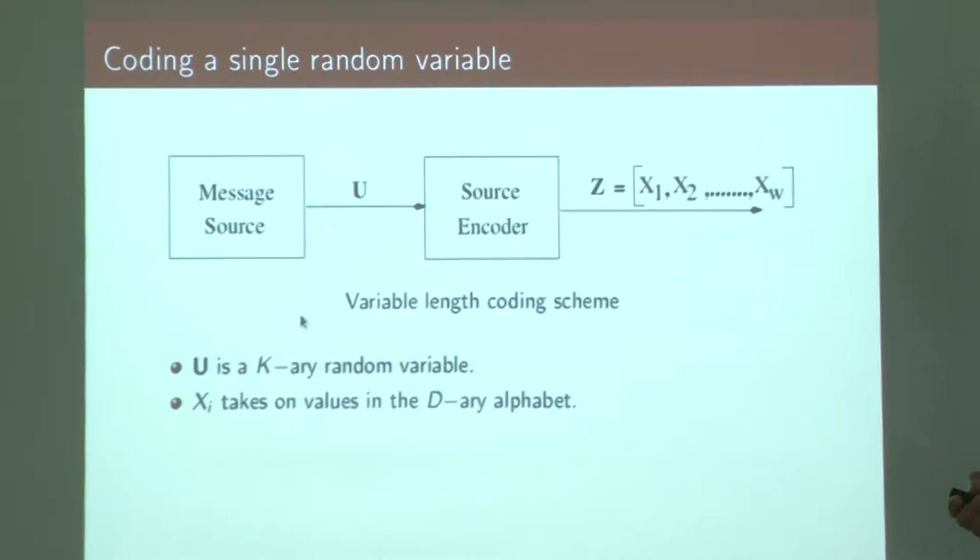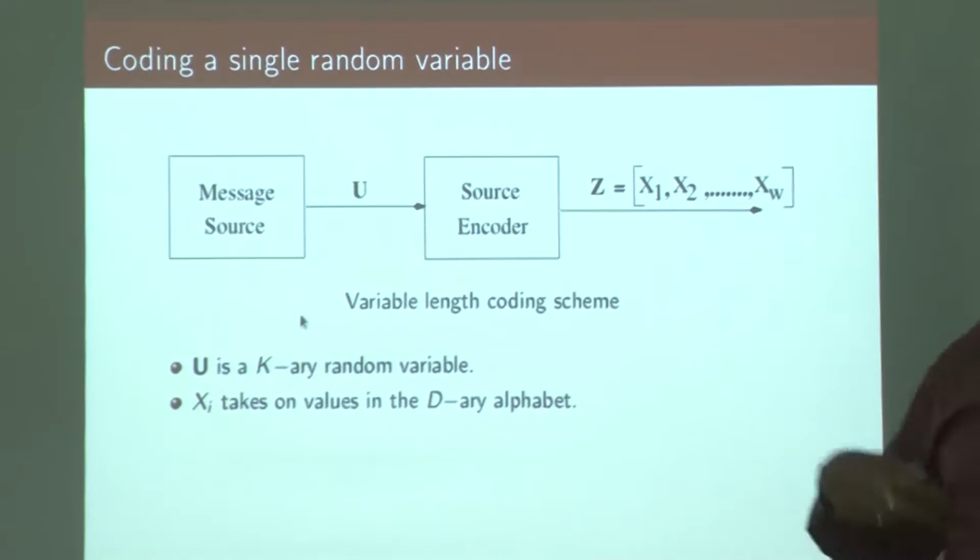So, what I am doing is encoding this single random variable into a variable length code, because my w is variable length. If you look at it intuitively, what would you like to do? u takes k possible values.